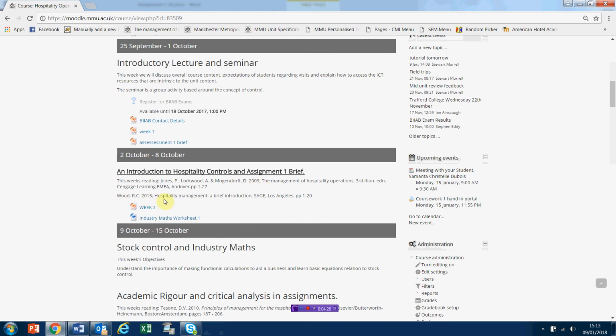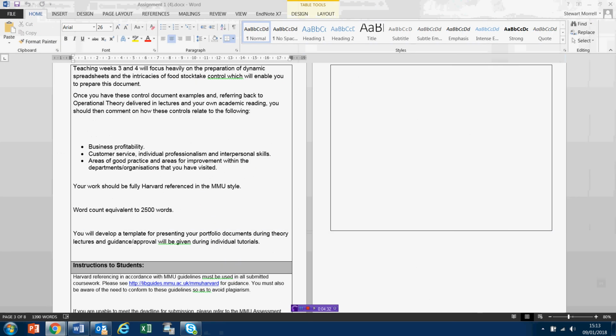They will give you some decent insight into the things you need to be talking about and some valid references for it. But just to give you an indication, in terms of business profitability, which I'm highlighting now, your dynamic stock control sheet, that's what helps you with your profitability because it allows you to monitor incoming stock, outgoing stock, to decide whether there's stock missing.